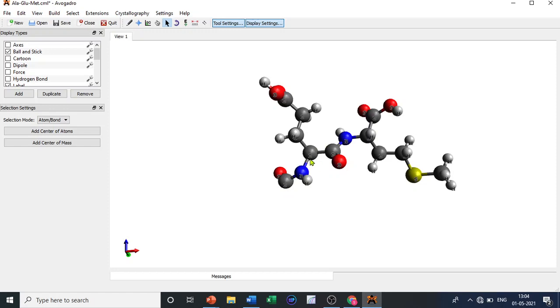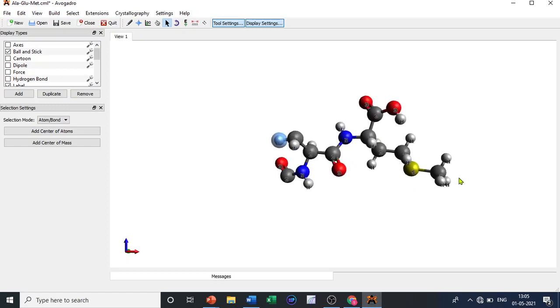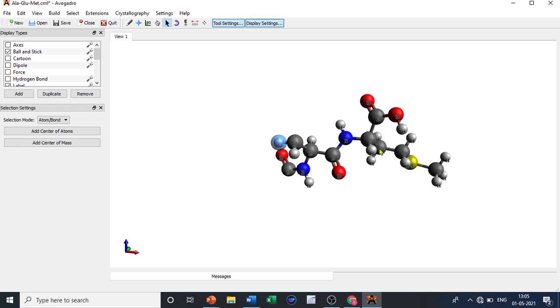This is the second amino acid, alpha amino, carbonyl. I want to delete the side chain. So I will delete this part, and maybe I'll keep this part to keep it simple. This is the third amino acid, so this is the alpha amino, alpha carbon, and this is the carbonyl, the C double bond O, and this is the side chain.